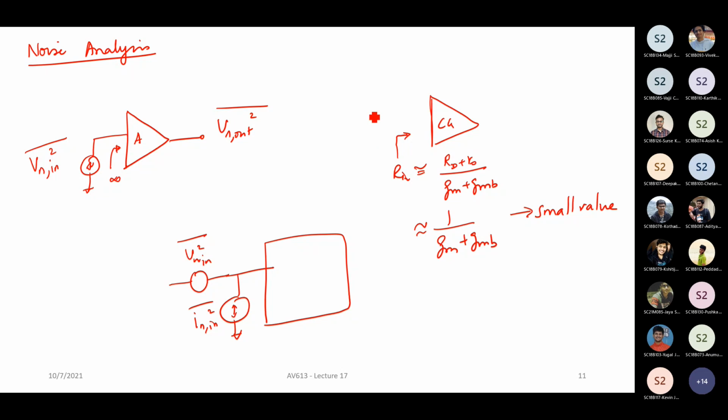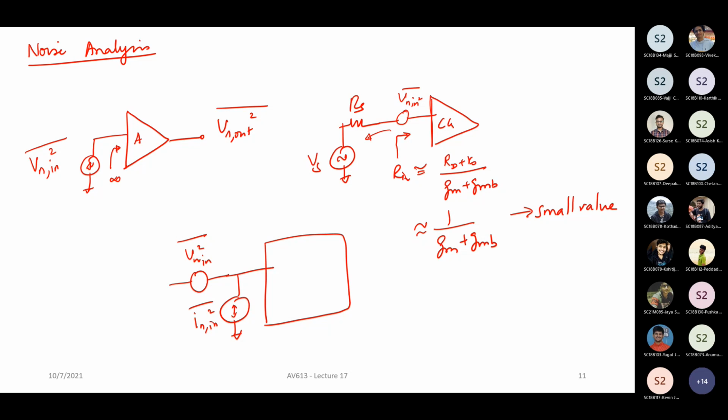So for example, let's say this is driven by some Vs with a certain source impedance Rs. The earlier version of saying that you only have a Vn in squared doesn't take into account what happens to the noise of the common gate because of the source that is driving it, because there can be some noise current flowing back into the source also.